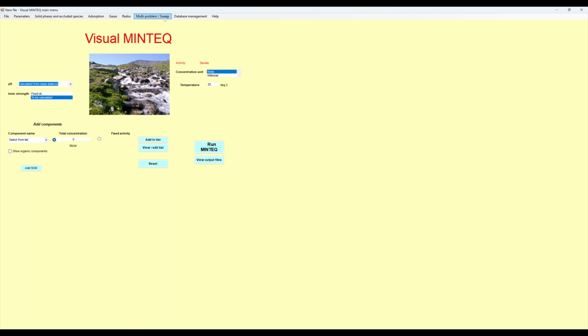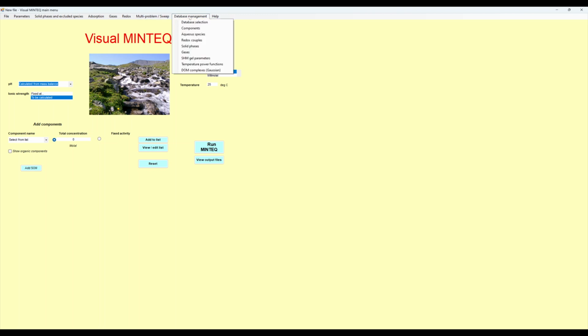You say sweep your variable, let's say your solution pH, from the initial value to the final value using these incremental values in between. This does the calculation for each individual value and gives you the output as a matrix of your variable versus the output. We're going to use this when we're constructing the pC-pH diagram.